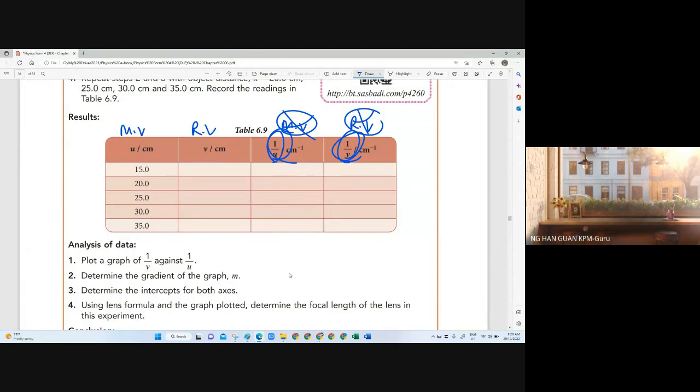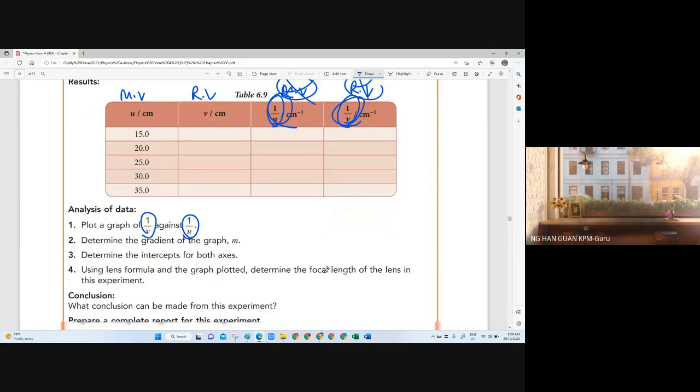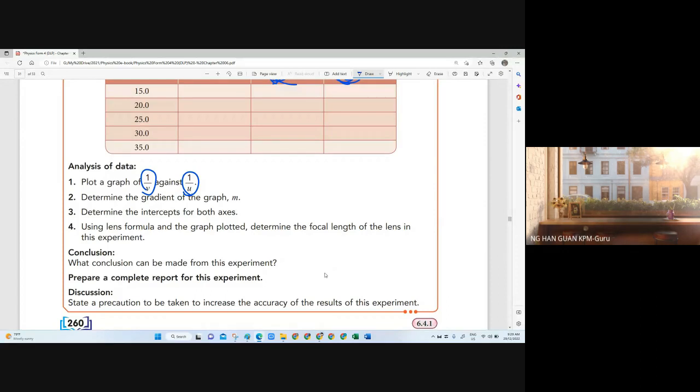It must not always be plotting the graph V against U; it may be 1 over V against 1 over U. It depends on the need. Anyway, the graph we're going to plot is 1 over V against 1 over U. From the graph itself, we need to determine the gradient.